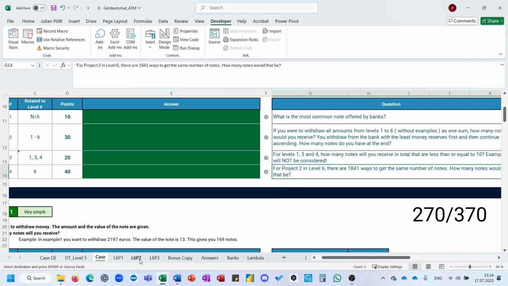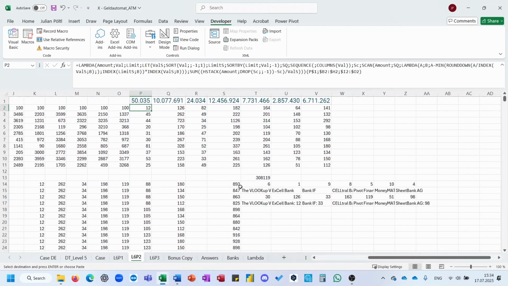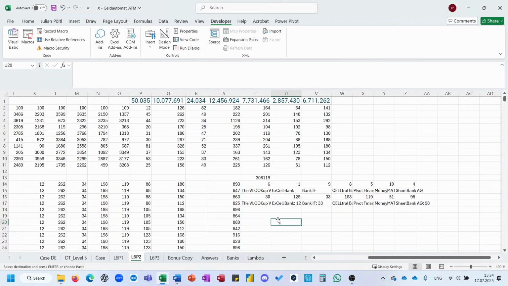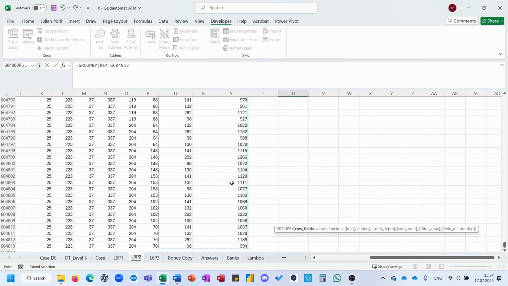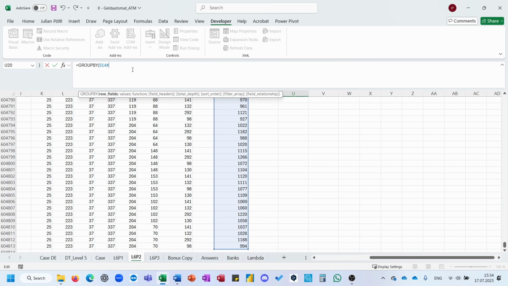So I use group by on all the node combinations, and count, because we're counting numbers. And in this case I want to have it sorted.